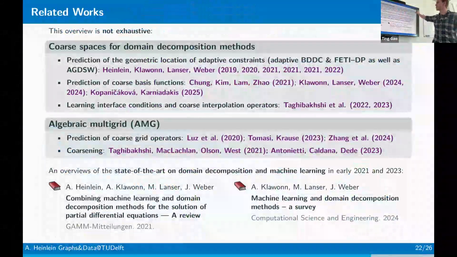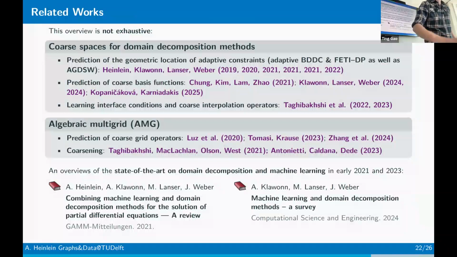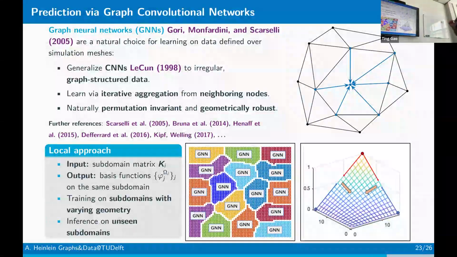I have to say, I think all of the other approaches are not using graph neural networks, but other networks. I think some use GNNs, but some also use CNNs, some use MLPs. So this is still a bit exploratory, I would say.